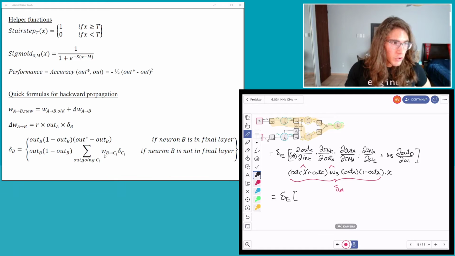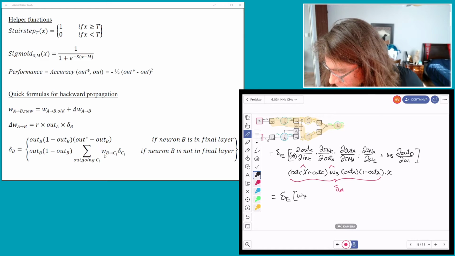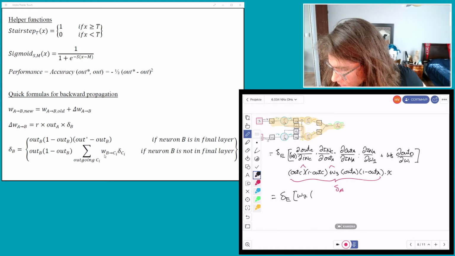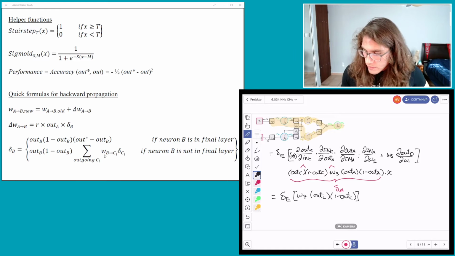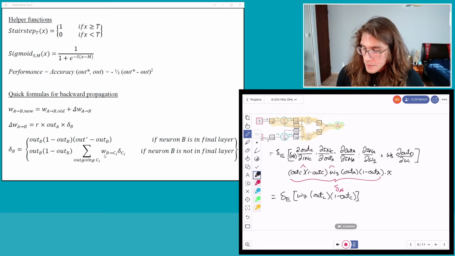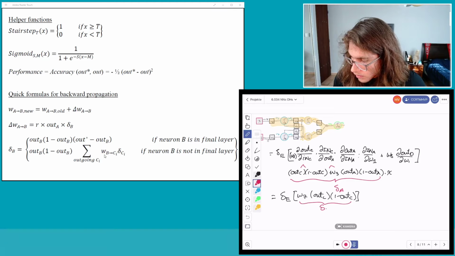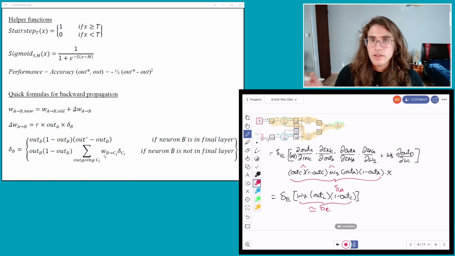Let's see, I'm looking for a convenient way to bracket it. So this would be W7 out C, 1 minus out C. We can say that this is more or less delta C. I say more or less because delta C includes delta E in its terms, but I'm going to leave it as delta E here. Or delta C approximately, so that you can see all the deltas side by side.